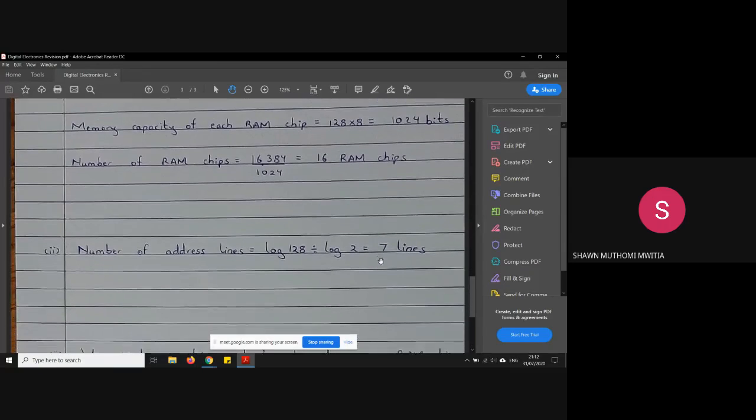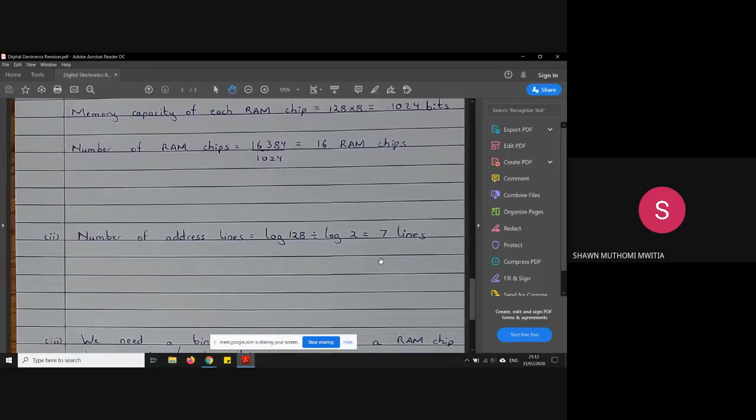Then for part 2, how many lines of address bus must be used to access 2048 bytes of memory? I wasn't sure of how to do this part because it seemed too straightforward.